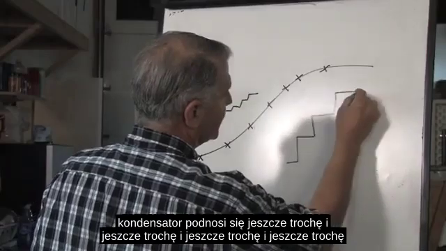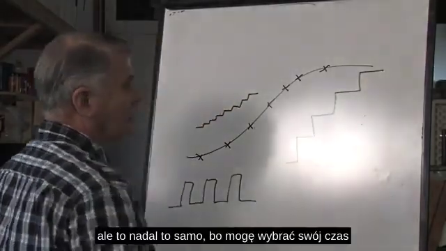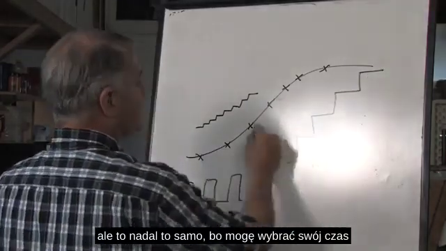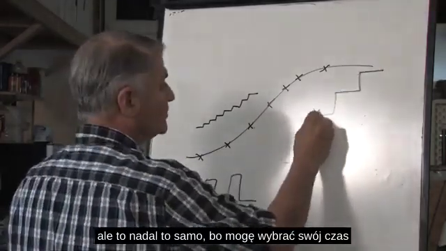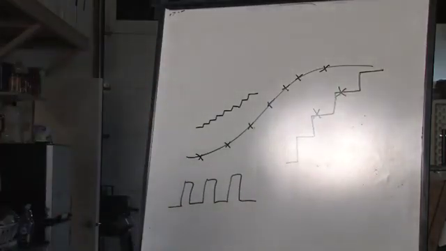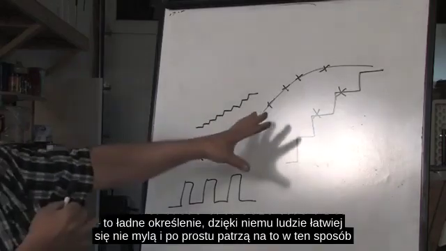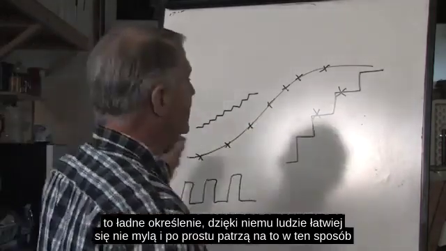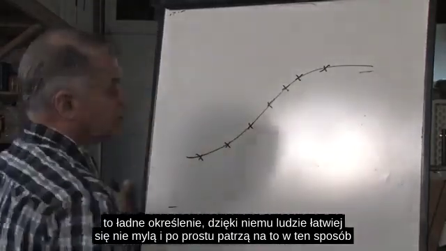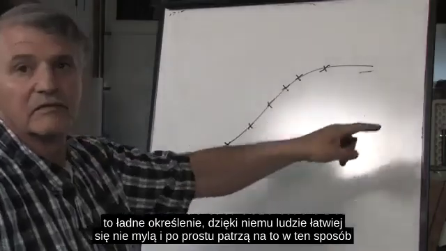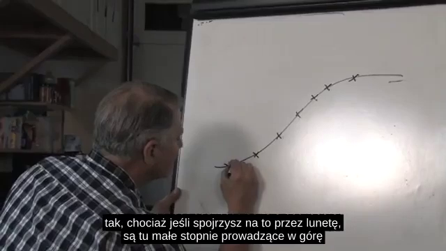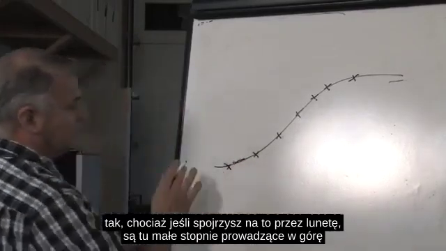But it's still the same as this, because I can choose my time. It's a nice term, and it's easier for people not to get confused and just look at it this way, even though when you look at it with the scope, there are little steps all the way up. You understand what I'm saying?